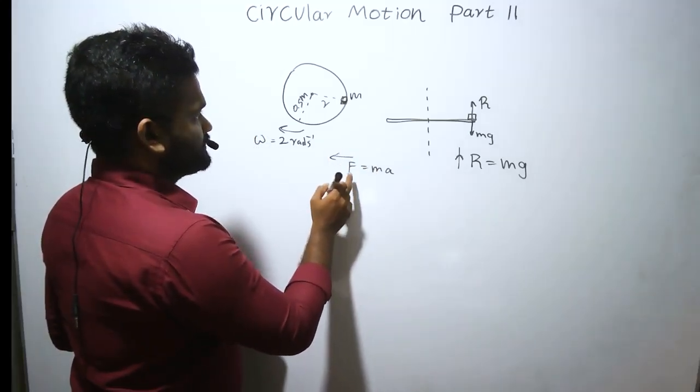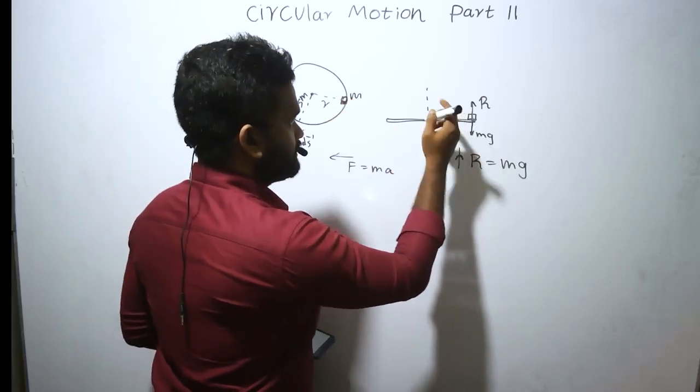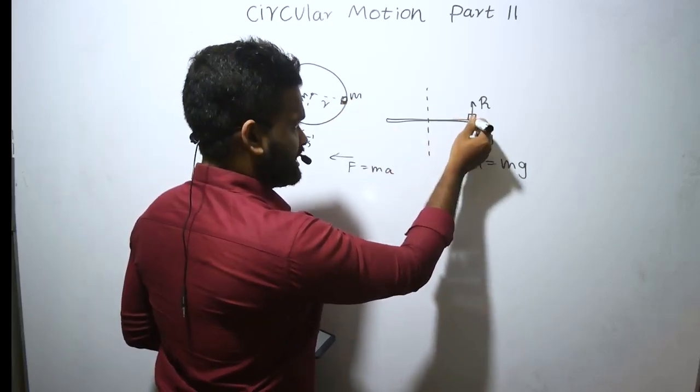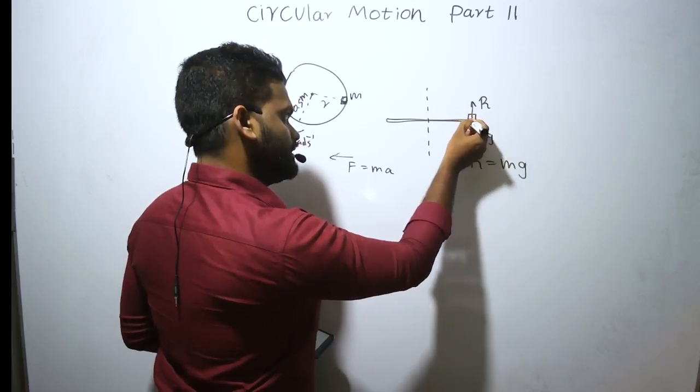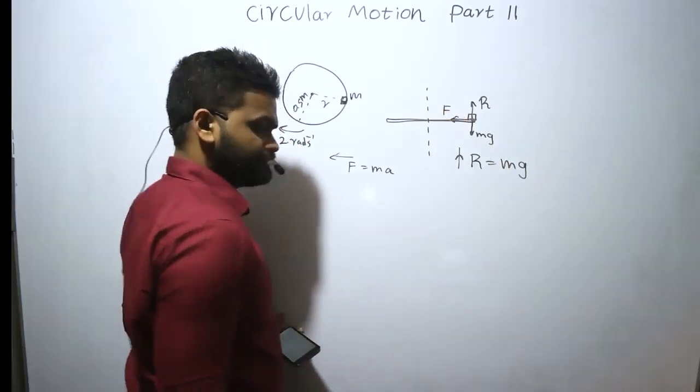So what's the force here? In order to keep the coin from falling off as it rotates, there must be a force, and that force should be friction.